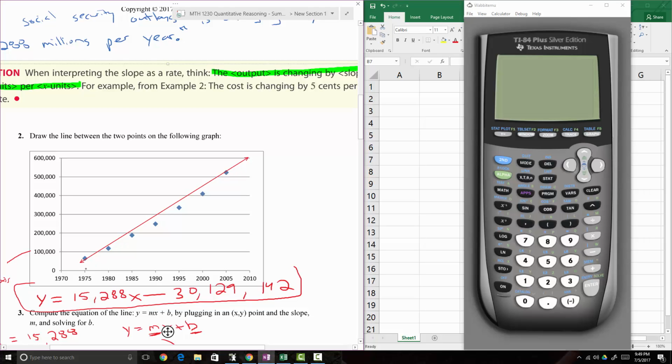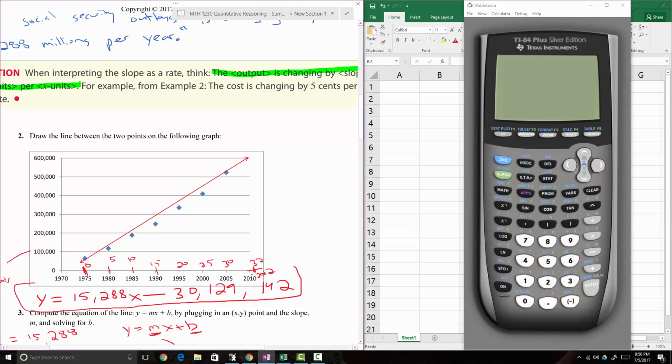Then we were asked to come down and fill in my new x values. So this would be 0, 5, 10, 15, 20, 25, 30. And then we had 2012, which would be 32, over here. So that corresponds to 2012, and we filled those in.